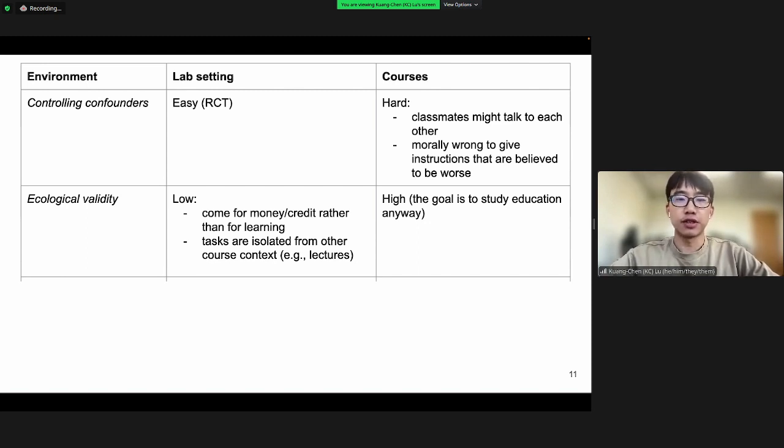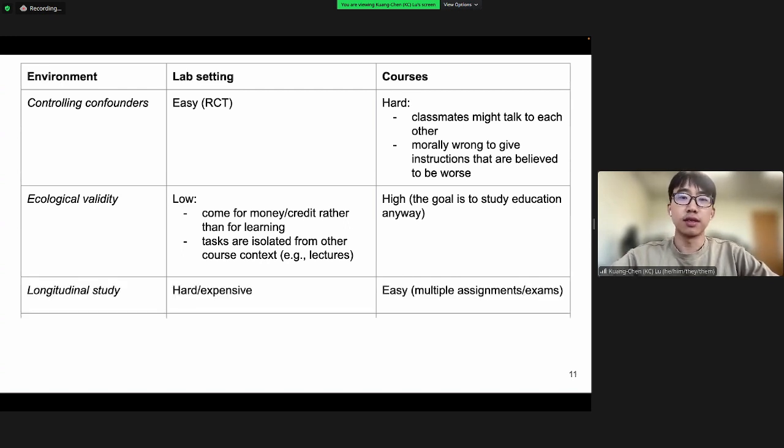Our earlier discussion about programming languages is also related to ecological validity. Researchers might want to create custom languages to control syntactic differences and semantic differences. This also breaks ecological validity because those custom languages might have less sophisticated supports.